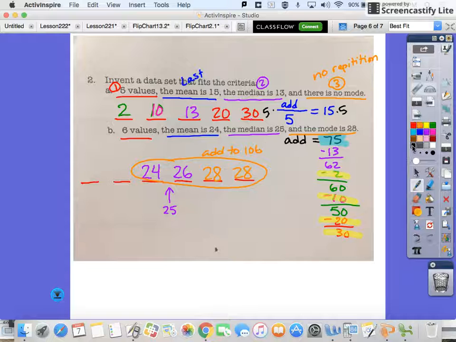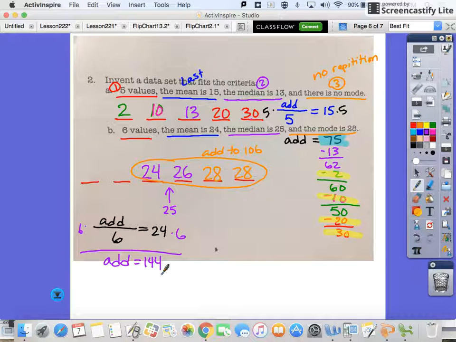And we know that when we add them and divide by 1, 2, 3, 4, 5, 6, it needs to equal 24. If we work backwards, multiply by 6, 24 times 6, 120, 144.